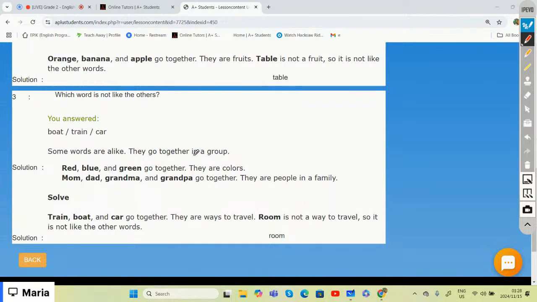And words that we can put together are boat, train, and cars.